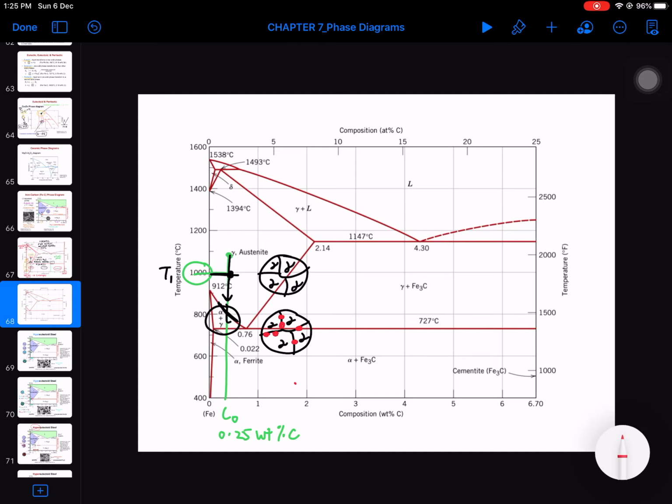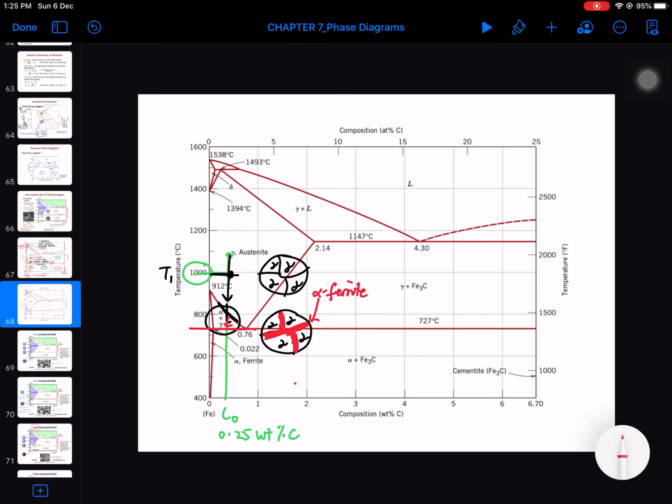It will start with small nodules, and as the temperature decreases, it will grow bigger along the grain boundaries of the austenite. As the temperature goes down, before it reaches this line, the grain boundaries of austenite are now filled with alpha ferrite.